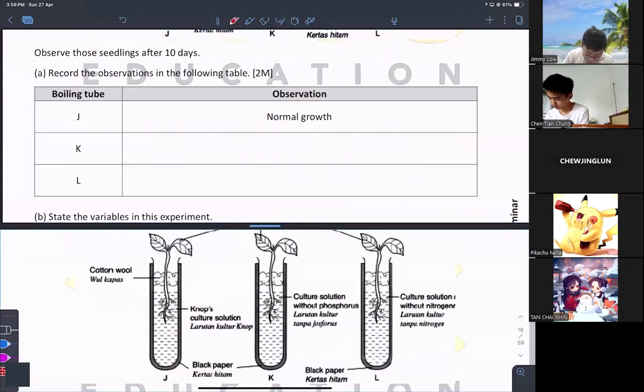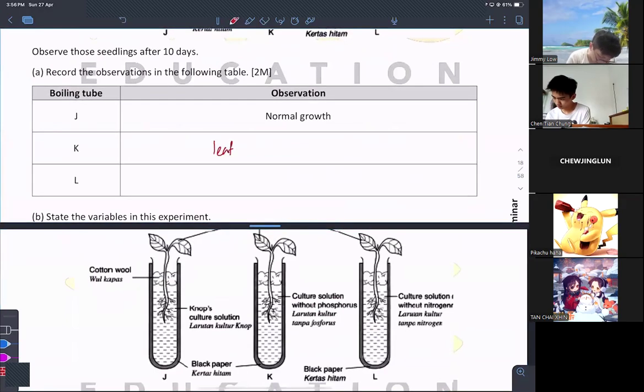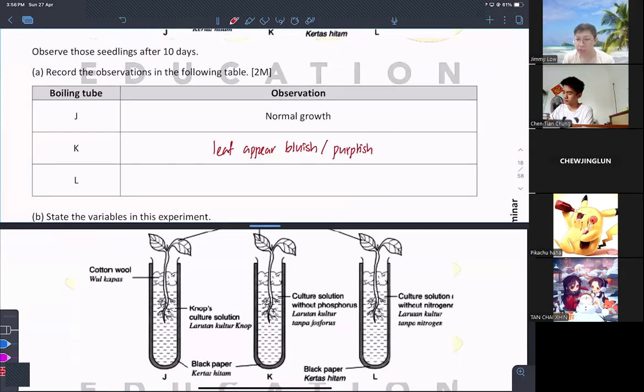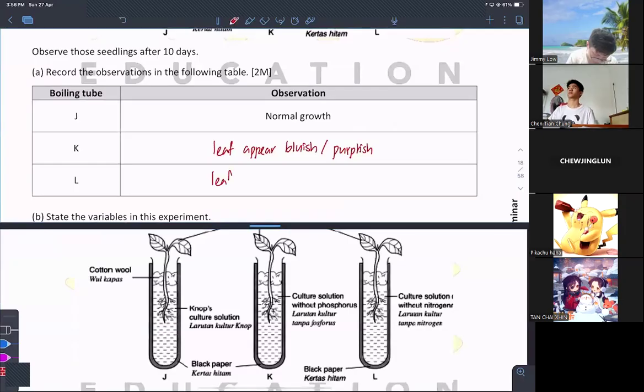When it comes to lack of phosphorus, means alien. So the leaf appears bluish or purplish. Up to you, whichever you write also can. When it comes to L means nitrogen. Without nitrogen, then the leaf appears yellowish.